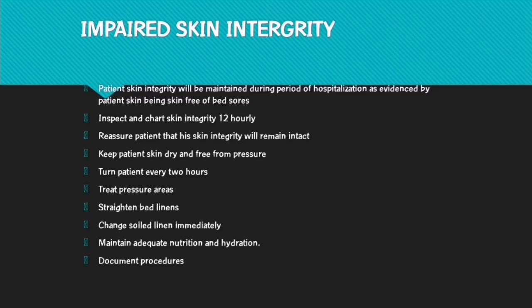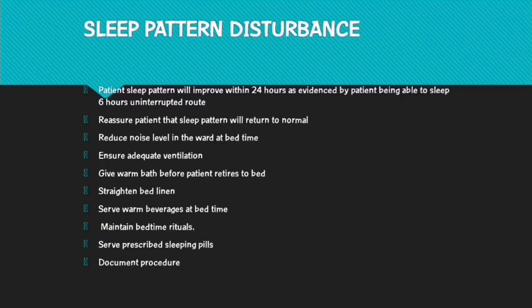We treat pressure areas. We straighten the bed linens. We change soiled linen immediately so that we don't have any bed sores. And then we maintain adequate nutrition and hydration. And of course, we document the procedure.